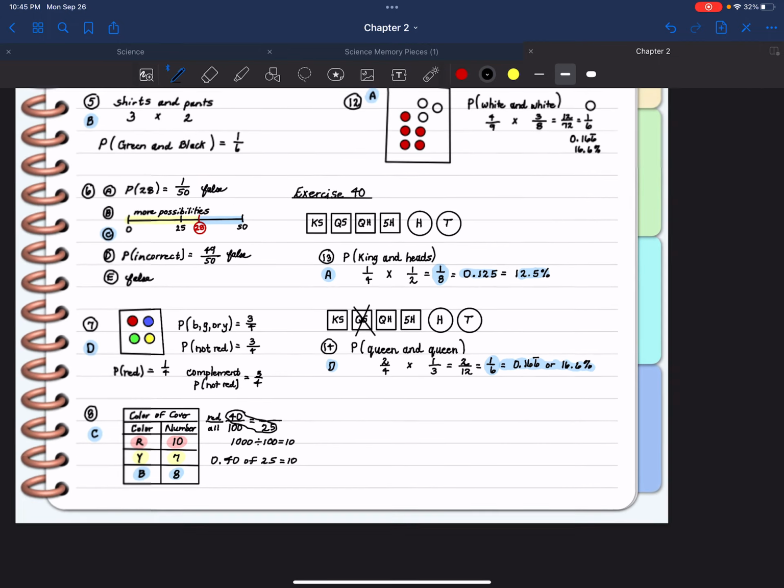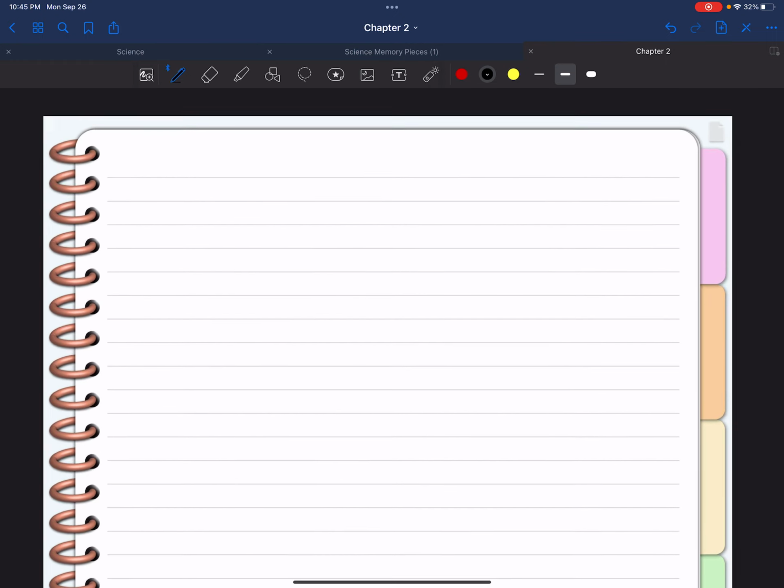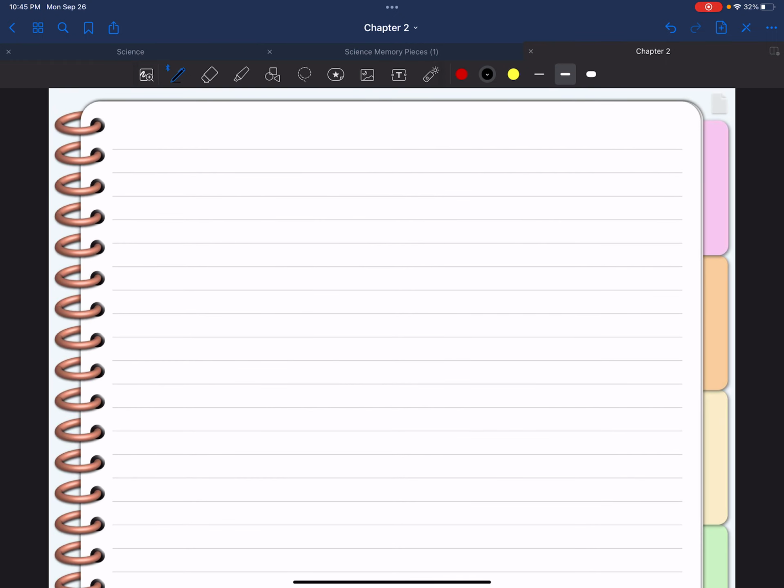And then number 15 and 16 refer to the tree diagram. Oh, guys, I will be so glad to be done with tree diagrams. V stands for vowels.